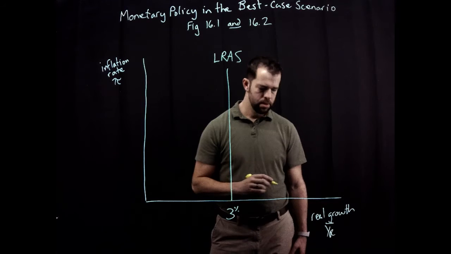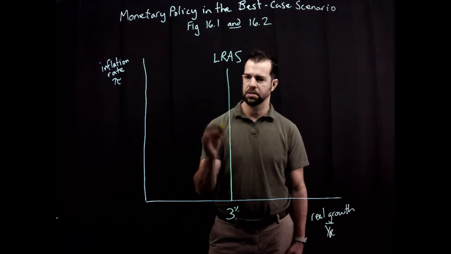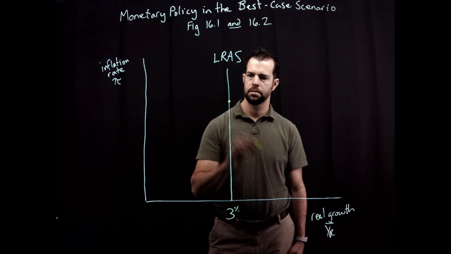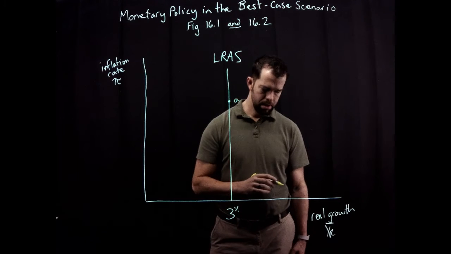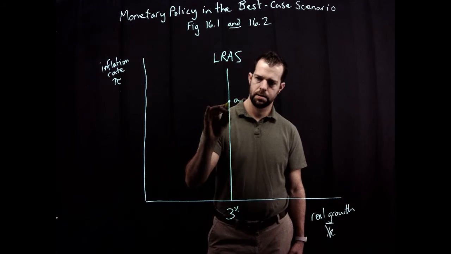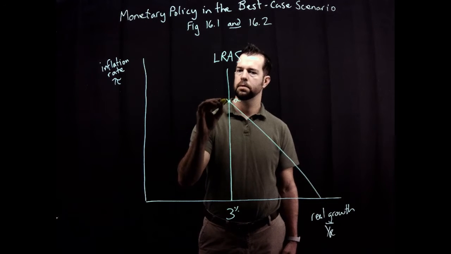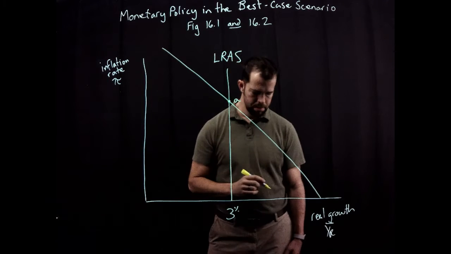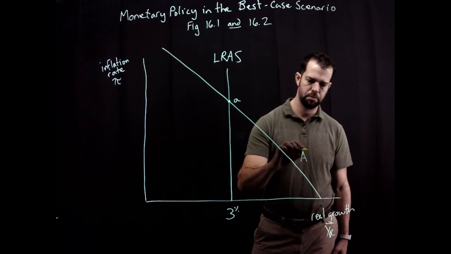Okay. Then we want to have the economy, let's say it's at point A here. And that point A is associated with a spending growth level of 10%.